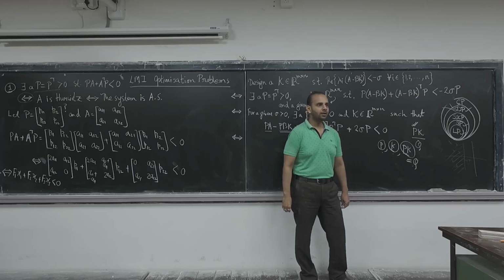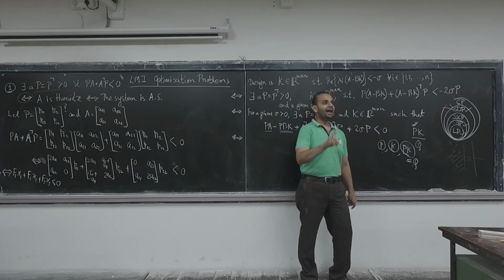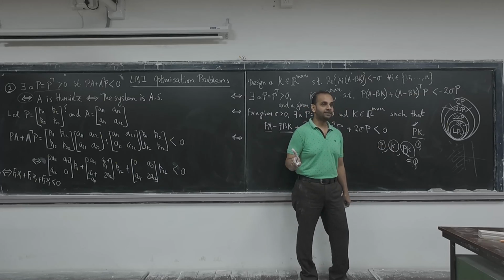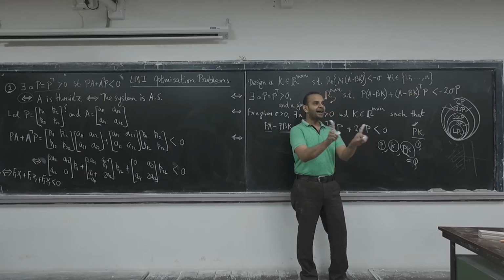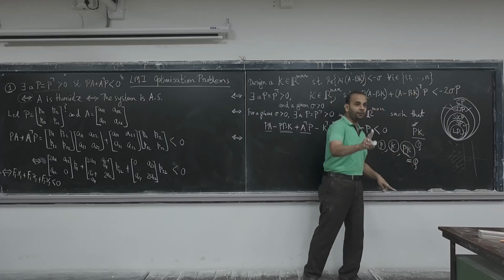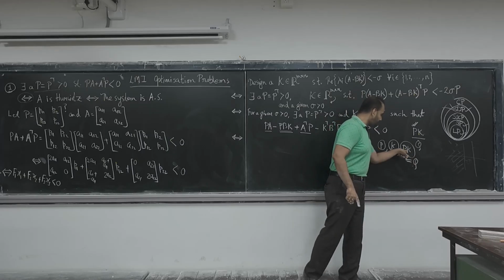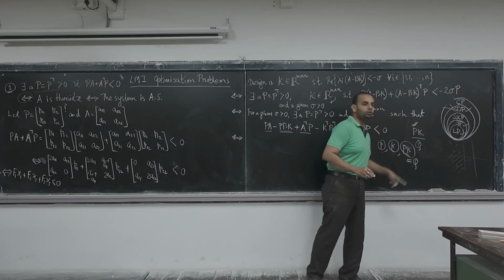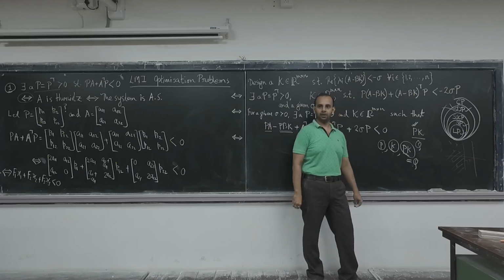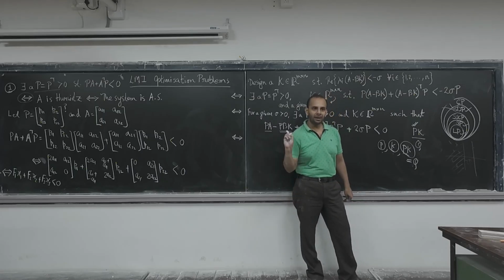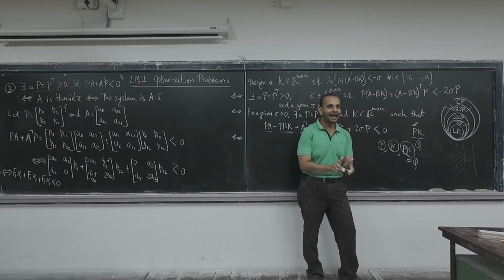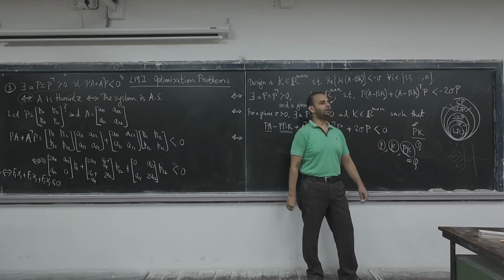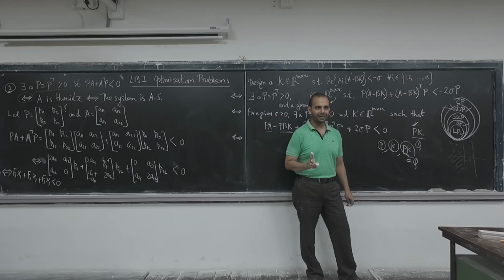Why not possible? Because if P and K are independent LMI variables, they will keep on changing on their own. But they are not free. Actually, they are coupled because you have decided that P times K equals Q, that is a new variable. So when the LMI solver tries to adjust these three variables at a time, it is an infeasible constraint. Do you agree with that?